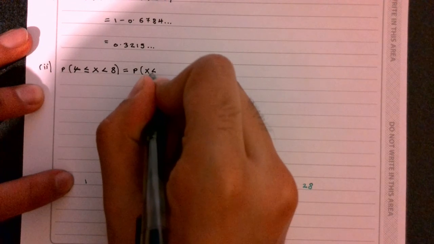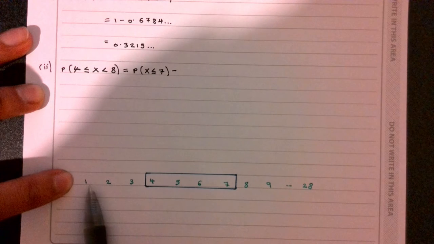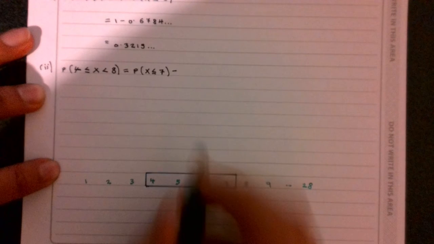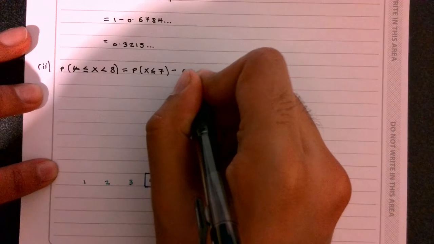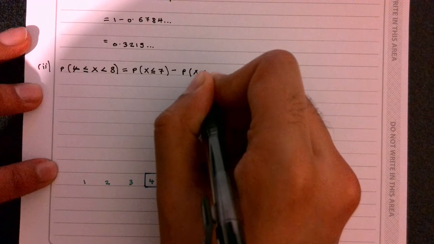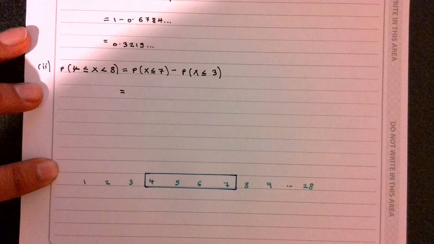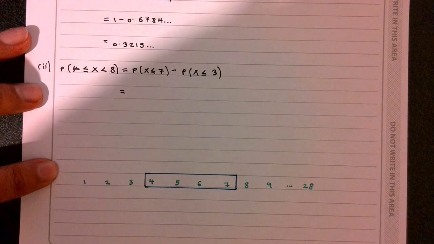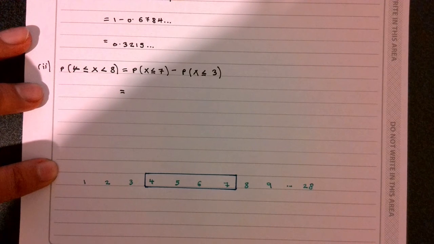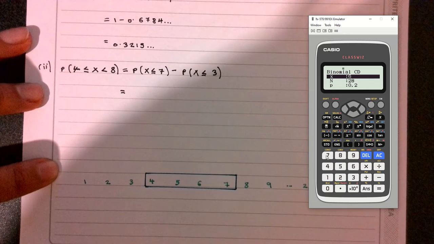So we have x less than or equal to 7 minus, we don't want these first 3, so we have to subtract off the probability that x is less than or equal to 3. And we can find out these values using our calculator. So let's just grab our calculator. Here we have the probability x being 7.